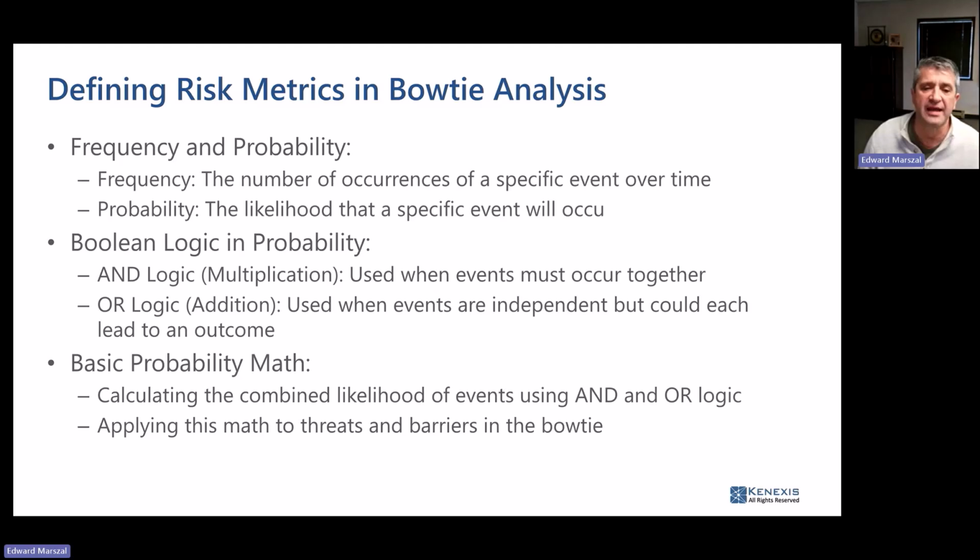Probability, on the other hand, is the likelihood that an event will occur given a certain set of circumstances. Probability is going to be a number between 0 and 1, where the probability of 0 means that that event will never happen, and the probability of 1 means it will always happen.